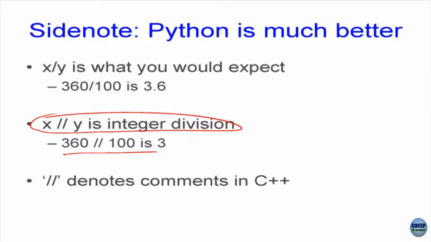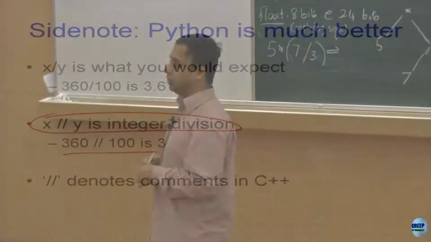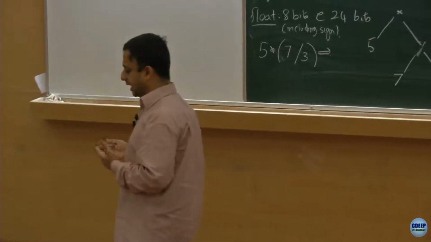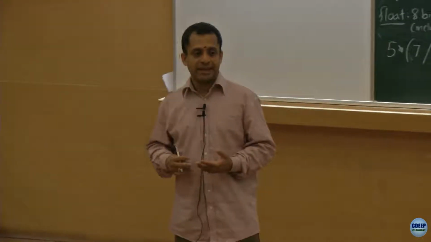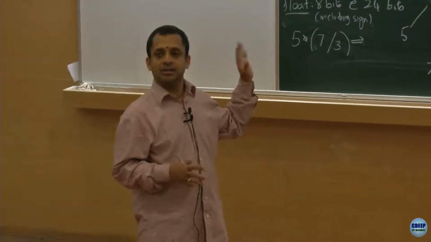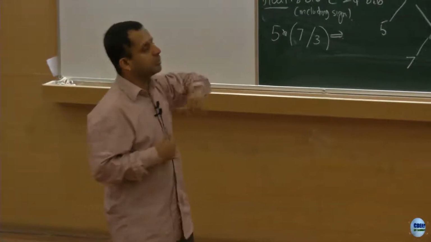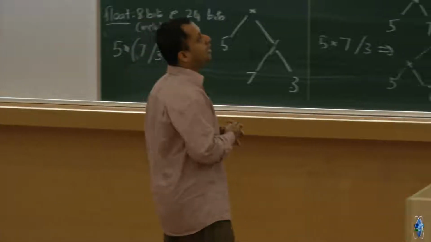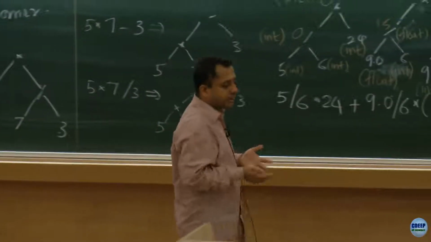Python, interestingly, has some different kind of syntax to accommodate specific kinds of divisions. So x divided by y is what you would expect. 360 divided by 100 is say 3.6. So unlike C where the type of x and the type of y will determine the output, in the case of Python, the output is basically decided based on the type of the output value.